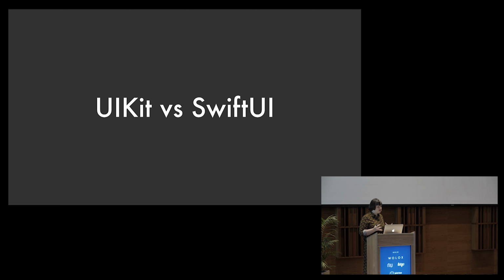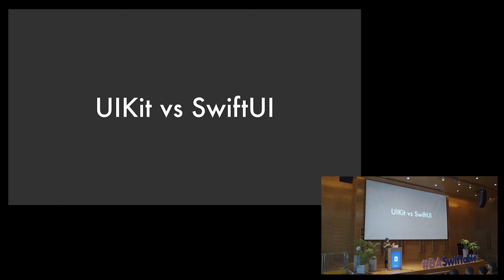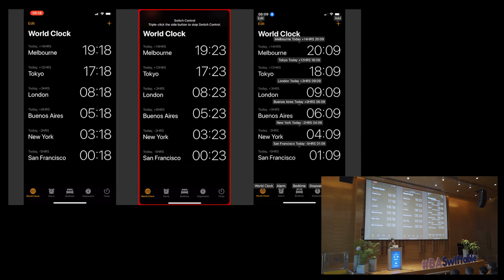But the big advantage of SwiftUI is that it is declarative. With UIKit, you have to handle notifications. So if a button changes or something happens on screen, you have to handle that and get things to update. Whereas SwiftUI just takes care of it for you, or so they say. I don't know.